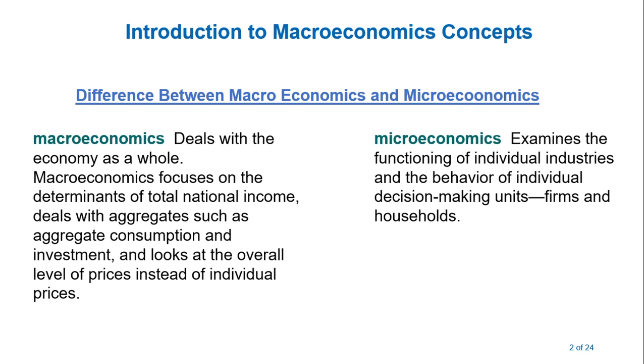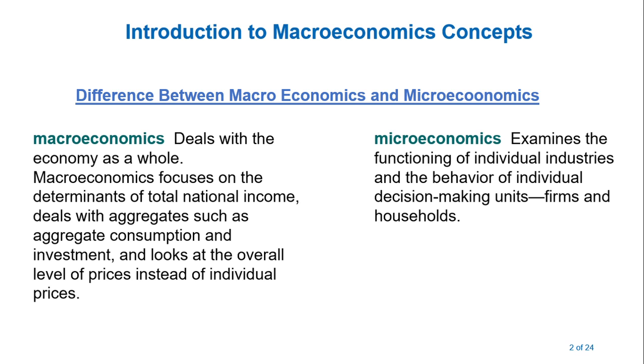Macroeconomics deals with the economy as a whole, whilst microeconomics examines the function of individual industries and behavior of individuals in decision making. So basically, microeconomics looks at firms and households, whilst macroeconomics deals with the economy as a whole.